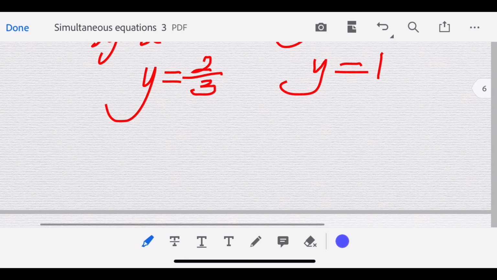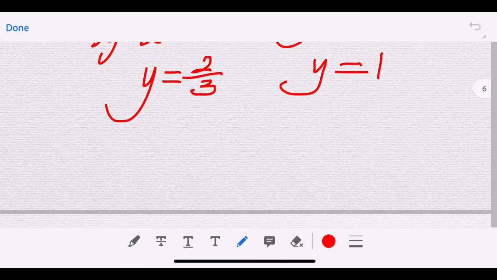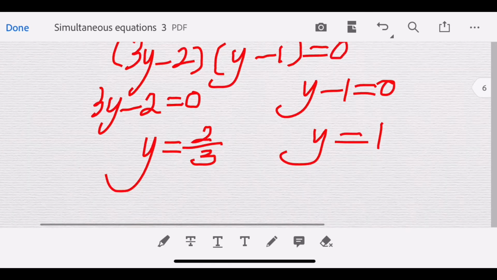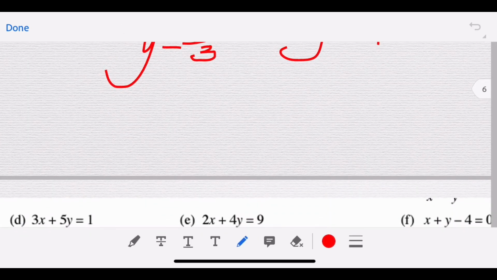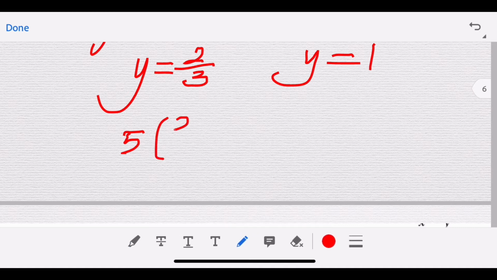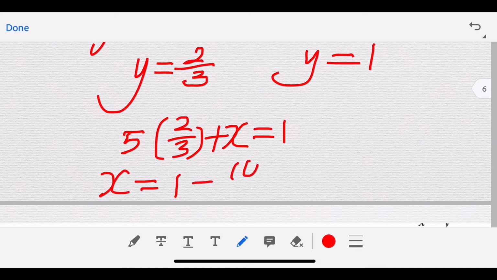Because we have to find x, we substitute into number 1: 5y plus x equal to 1. Substituting y, x will be 1 minus 10 over 3, which is negative 7 over 3.